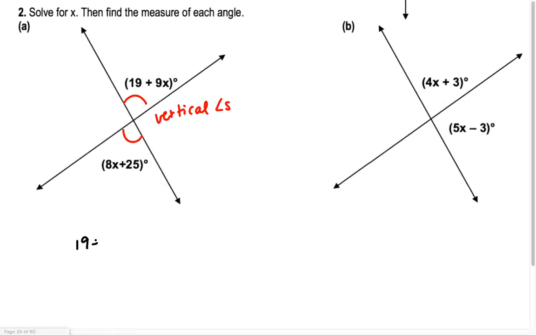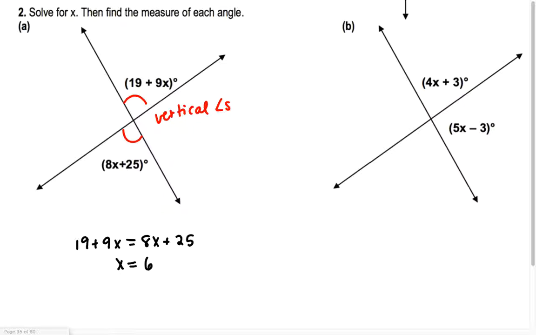So we say 19 plus 9x is equal to 8x plus 25. We set them equal to each other. So we get x equals, subtract the 19 over, so it looks like 6. Then it says find the measure of each angle, so you would go back in and plug in 6.